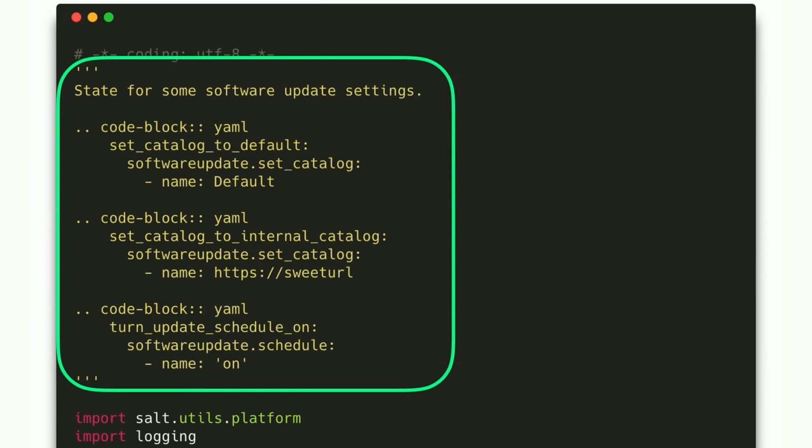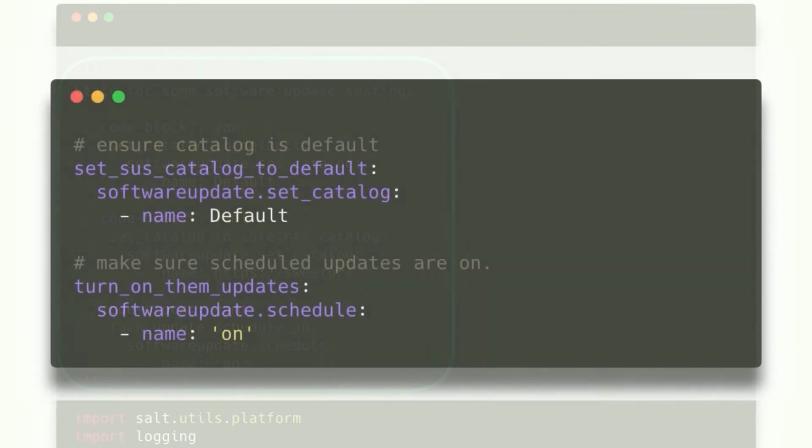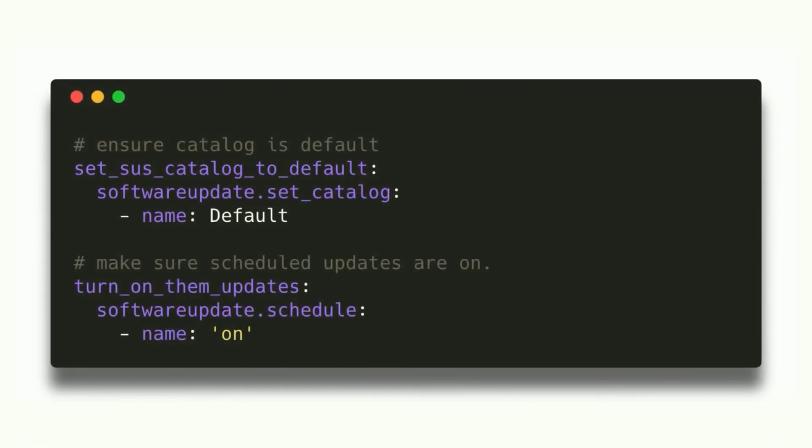I also made this state run or make sure that the schedule for Apple software update is always on. And that's how you would set up a state to use either of those. So just software update.setCatalog. We want to make sure it's the default catalog. And then we want to turn on them updates. So software update.schedule with the name on.